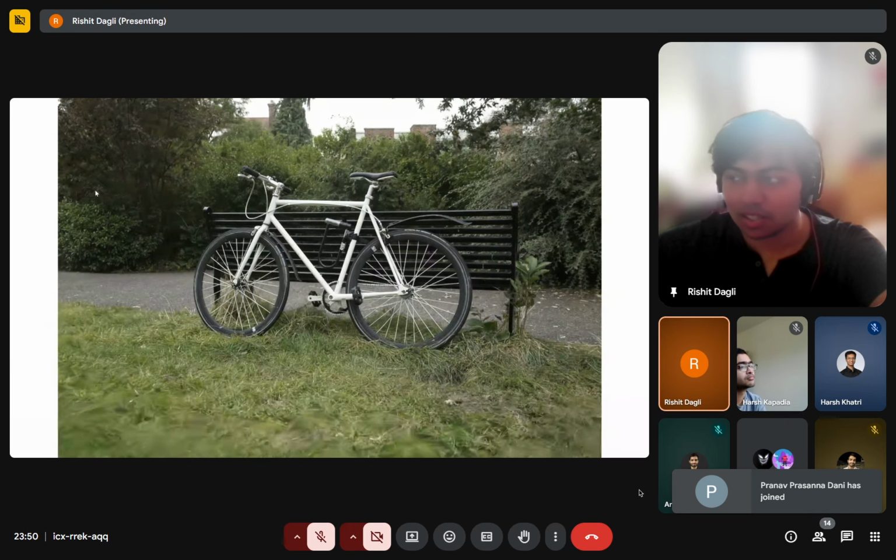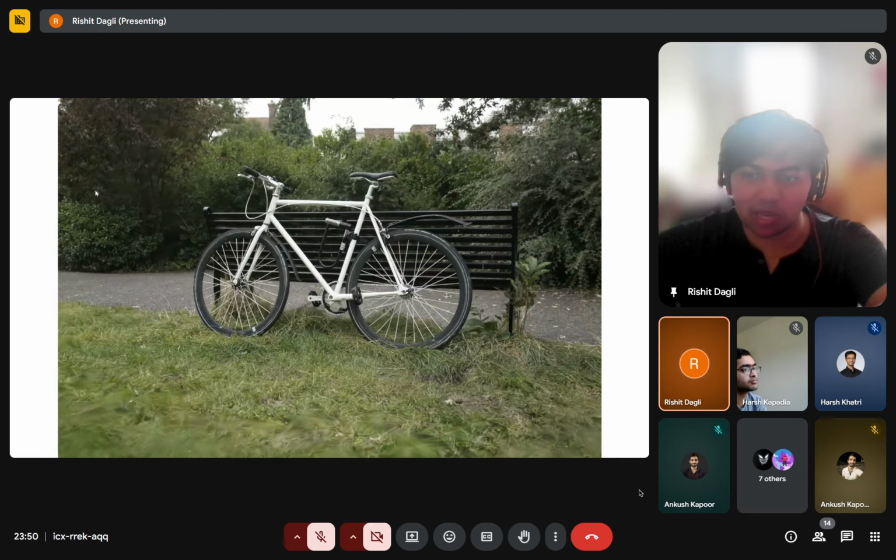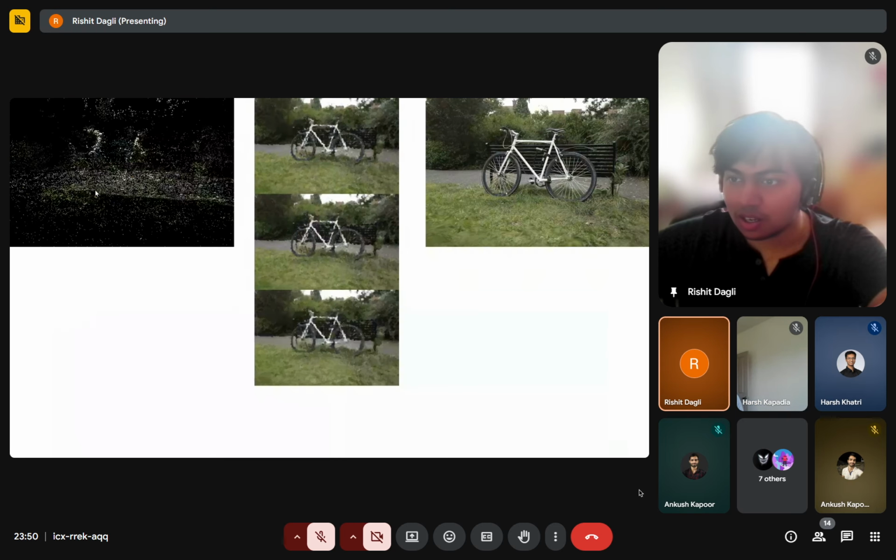This is also one of the other popular techniques of parameterizing 3D structure that exists in the world. You start by taking a bunch of images, and you make a point cloud somehow using tools.